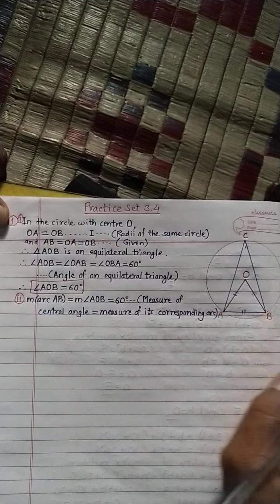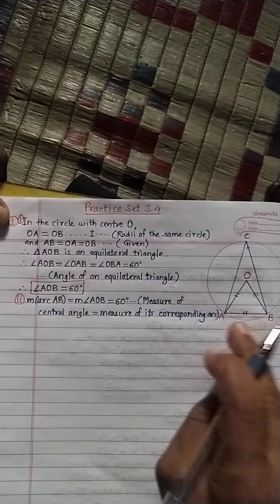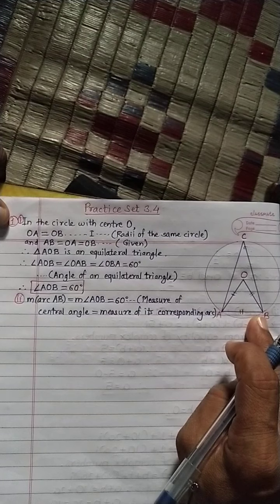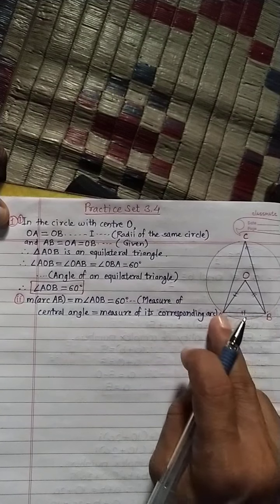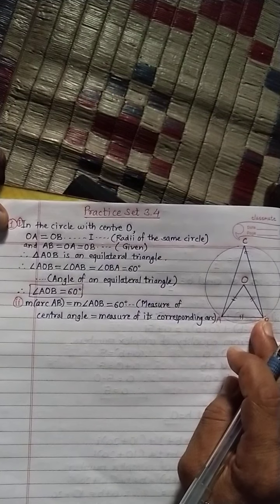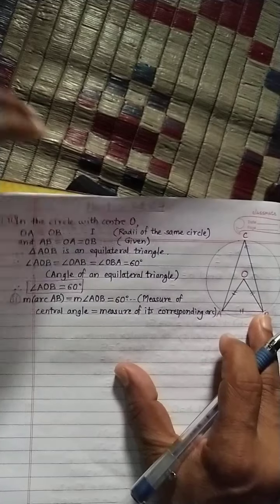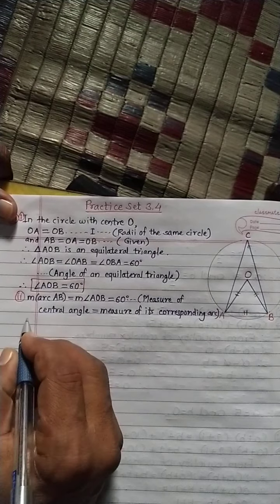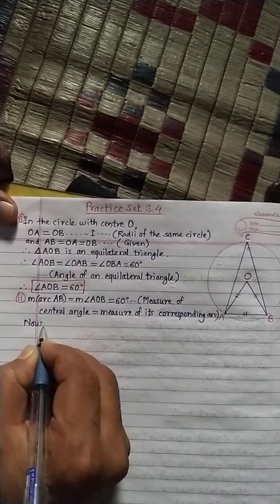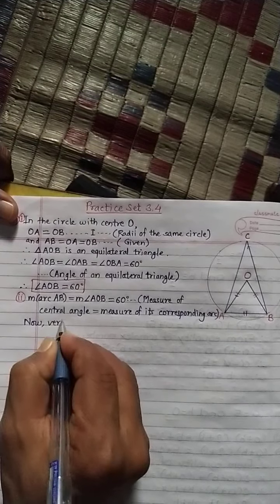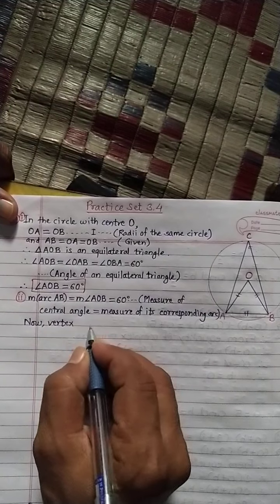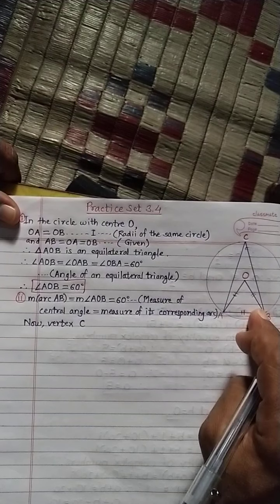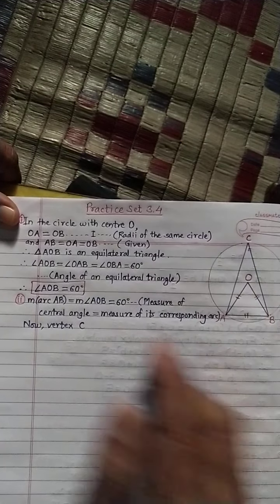So by the inscribed angle theorem, angle ACB is equal to half of the measure of arc AB. Here we are using the inscribed angle theorem.